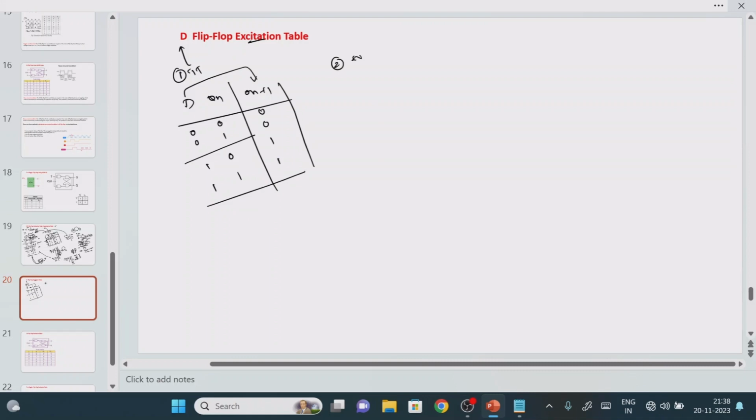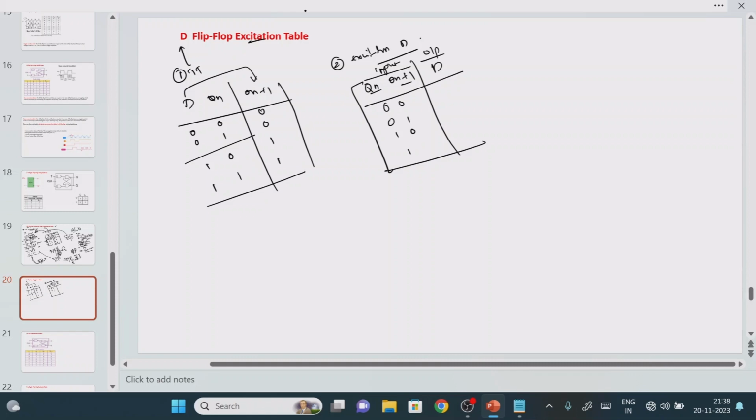So step 2, we need to draw the excitation table for the D flip-flop, right? In the excitation table, inputs are the outputs of the flip-flop, and outputs are the inputs. It means that qn plus 1 equal to input, D equal to output. So how many inputs do we have? 2, right? So how many possibilities? 0 0, 0 1, 1 0, 1 1.